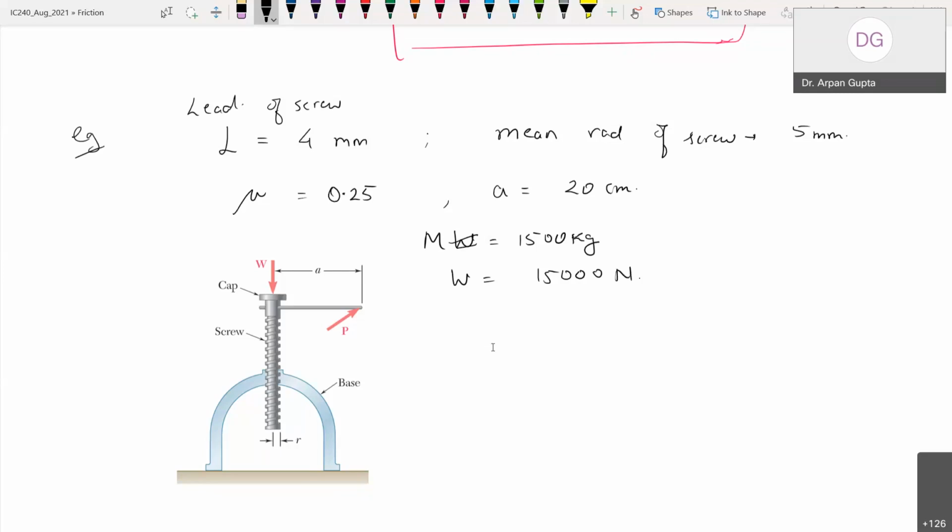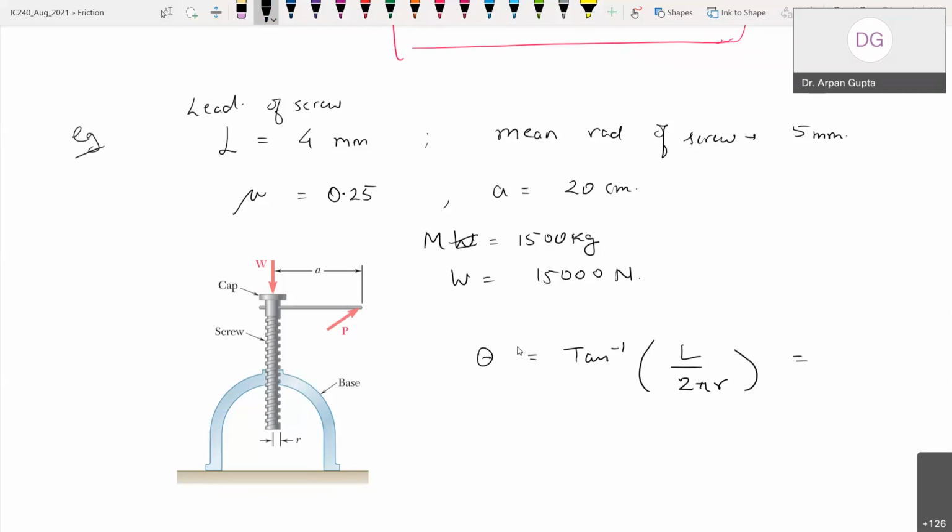First thing is you have to calculate your helix angle theta. Helix angle theta is tan inverse of L by 2 pi r. And by using the screw geometry, 4 mm is the lead of the screw, 5 mm is the mean radius.